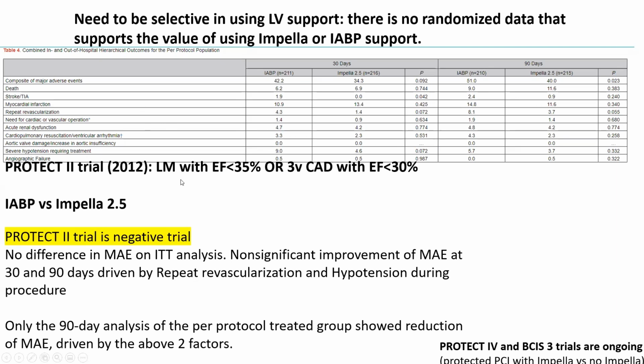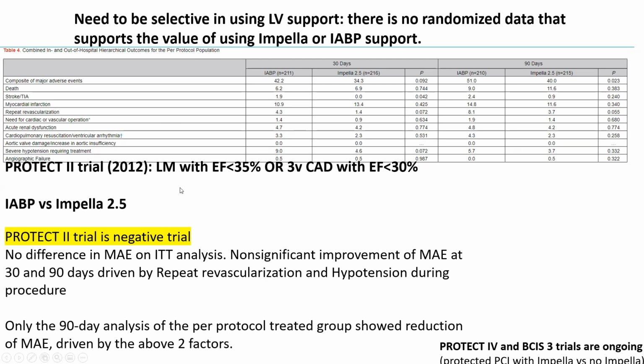It was mainly an improvement of two very soft endpoints: transient hypotension during your procedure and the need for repeat revascularization because of incomplete initial revascularization. So really a negative trial with only improvement on secondary analysis of a soft endpoint.